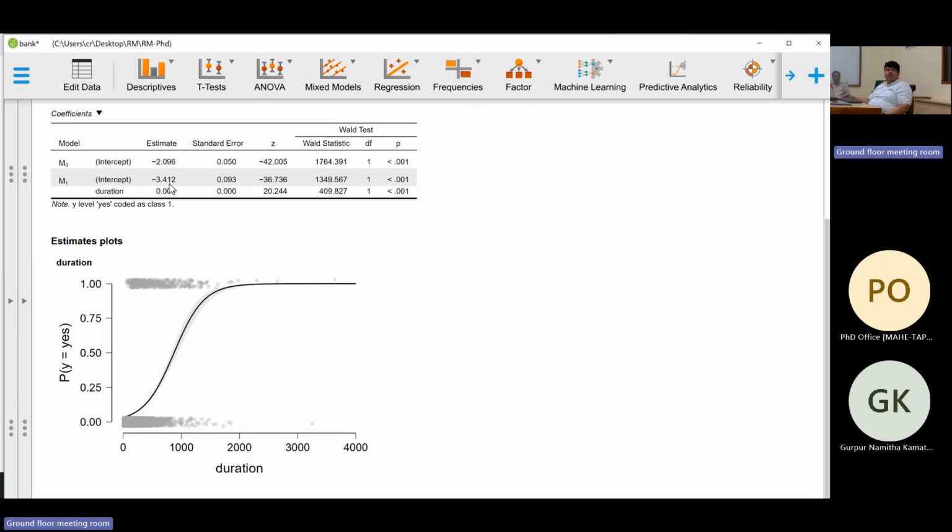Now, how do we get the equation written? Okay. So the equation here, how duration is connected. So first of all, let's write the equation.